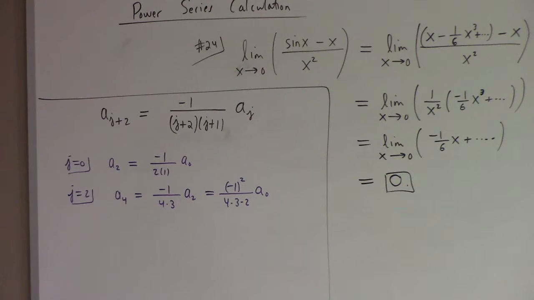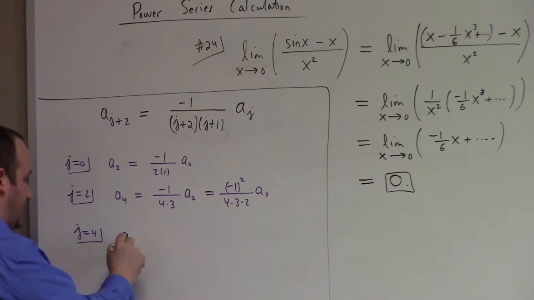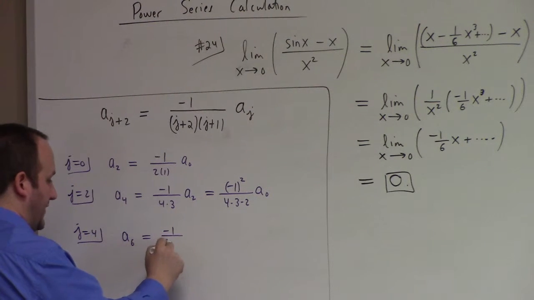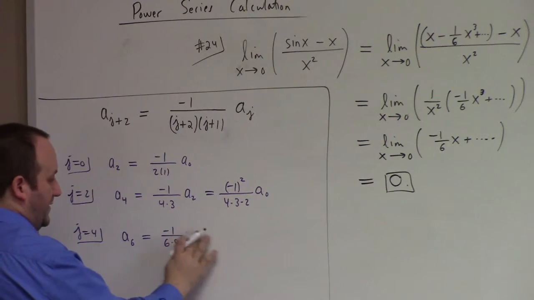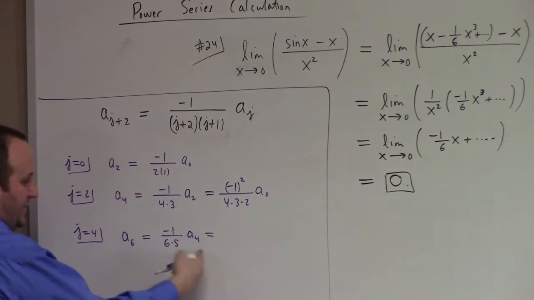What's the next one? J equals 3, right? J equals 4, rather, sorry. J equals 4. Let's see here, a sub 6. Looks like I got minus 1 over 6 times 5, but plugging in that a sub 4, sorry, so that's my a sub 4, plug it in here.